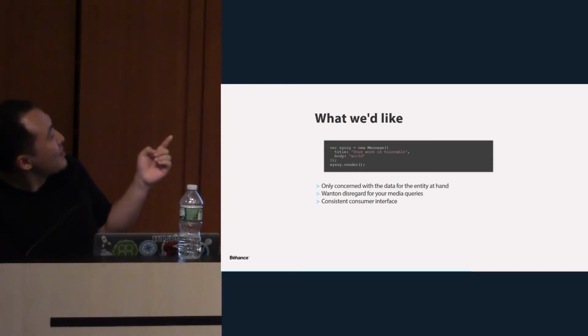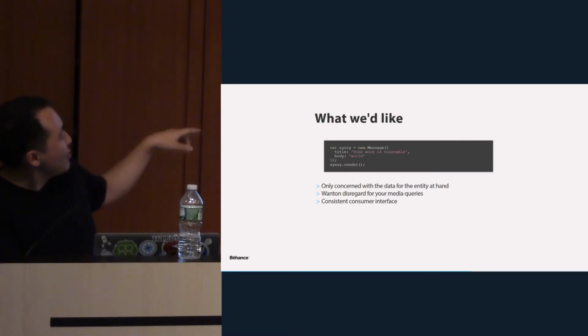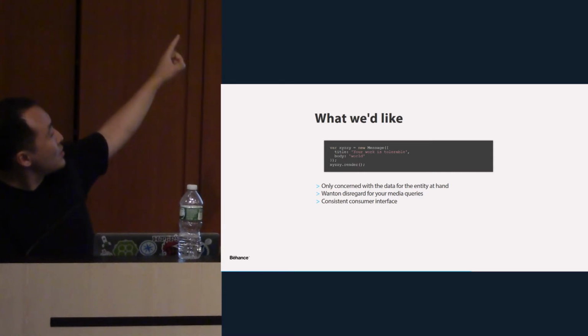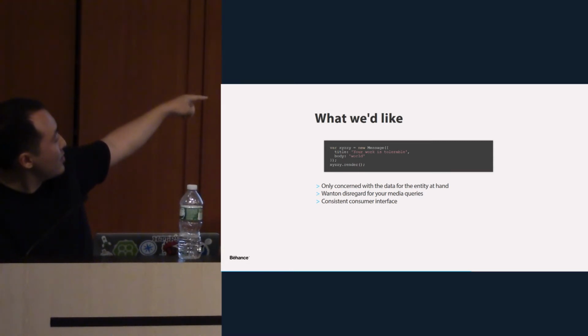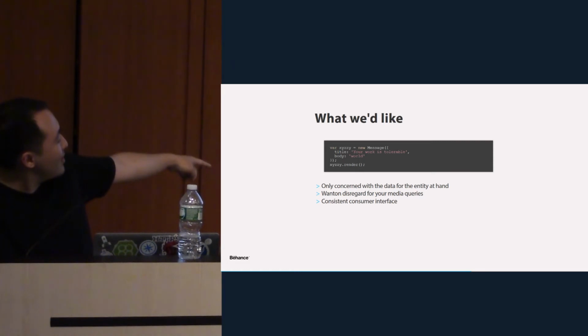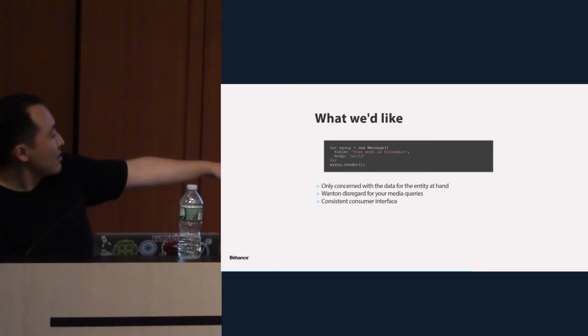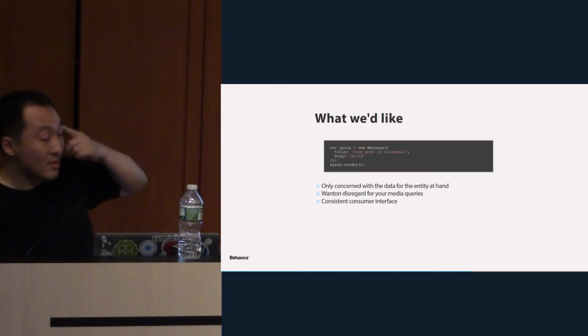So this is transpiled, so it's a little bit different. But essentially, this is the same code that you saw before. You have a media declaration, you have the two different views, and then you have a controller at the bottom that binds them all together. And finally, at the bottom is where it renders the thing, where you just create a message with the body world, and then it just renders it.